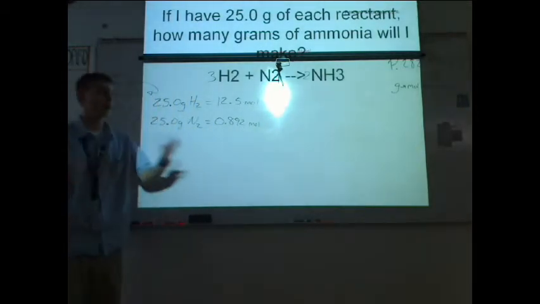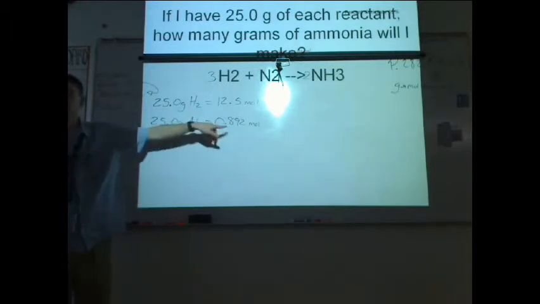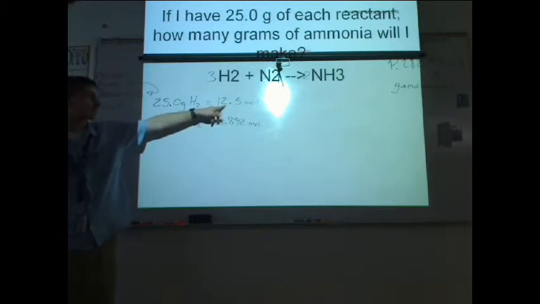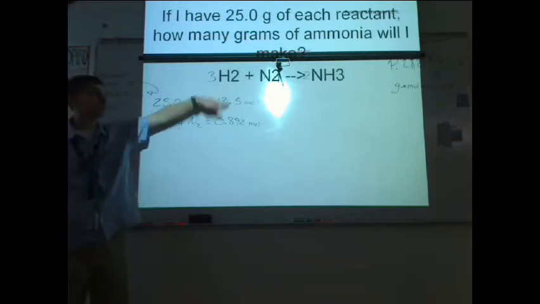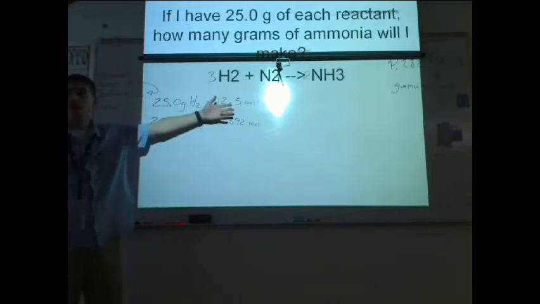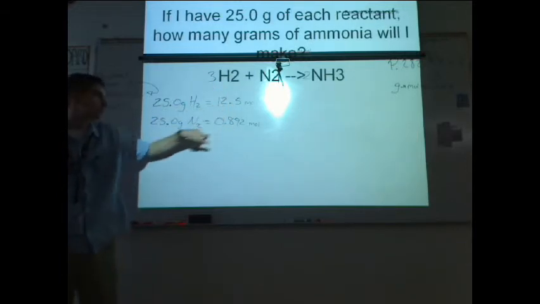So this one is really obvious what your limiting reagent is, right? Nitrogen. Because this is like 15 times as much hydrogen, and you need 3 times as much hydrogen, so you got way more hydrogen than you need. So it's this one that matters.